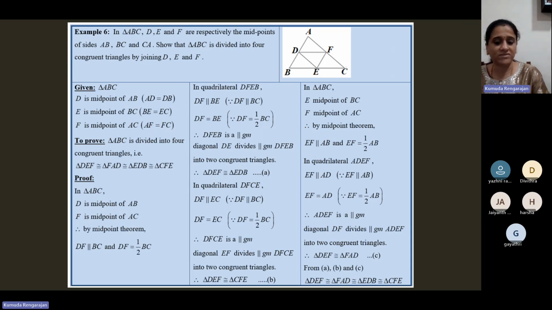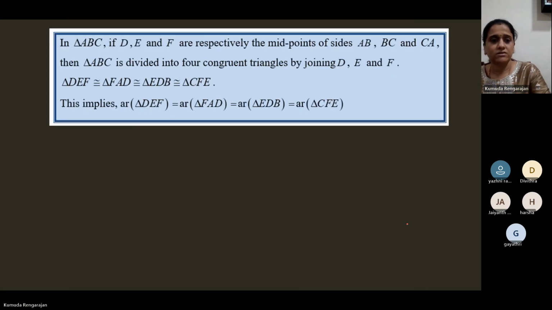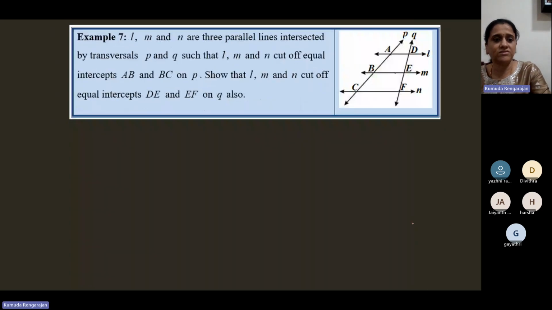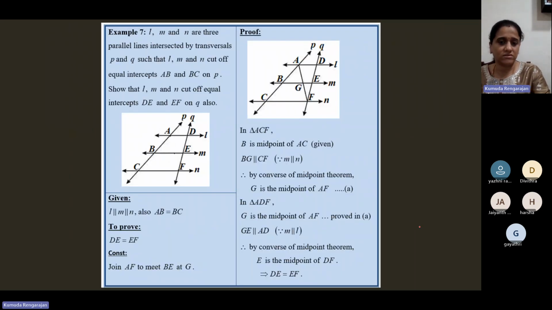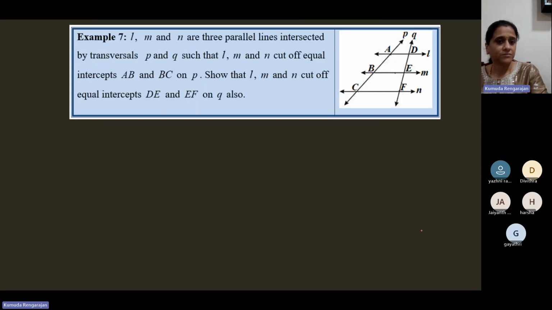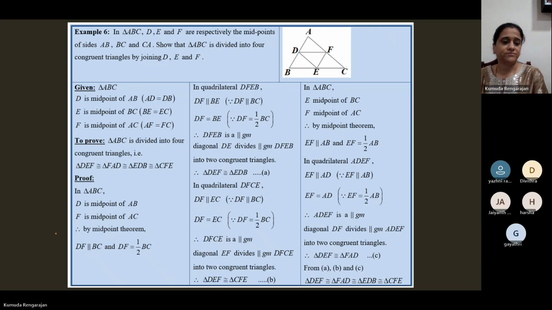Two examples we have, example 6 and 7. 7 is simple, so I'll just present the proof. You have to read, understand, and you will explain this to me. It is simple. 6 we will do together. Okay, 6 also. We'll discuss 6. Now I'll explain and we'll write and then we'll discuss and then we'll go to 7.